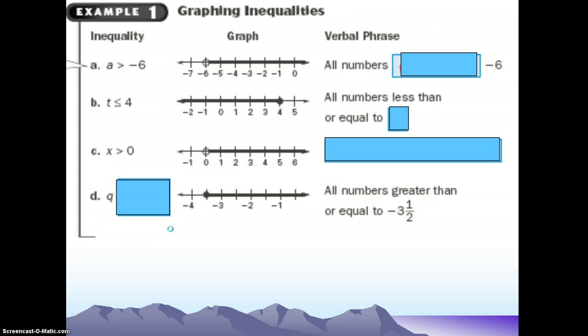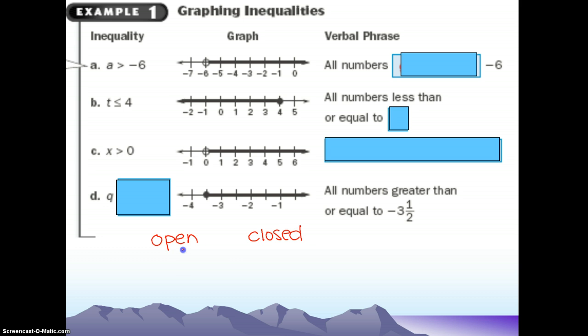Example 1. Let's talk about graphing inequalities. A is greater than -6. First of all, the inequality tells you if it is an open or closed circle.